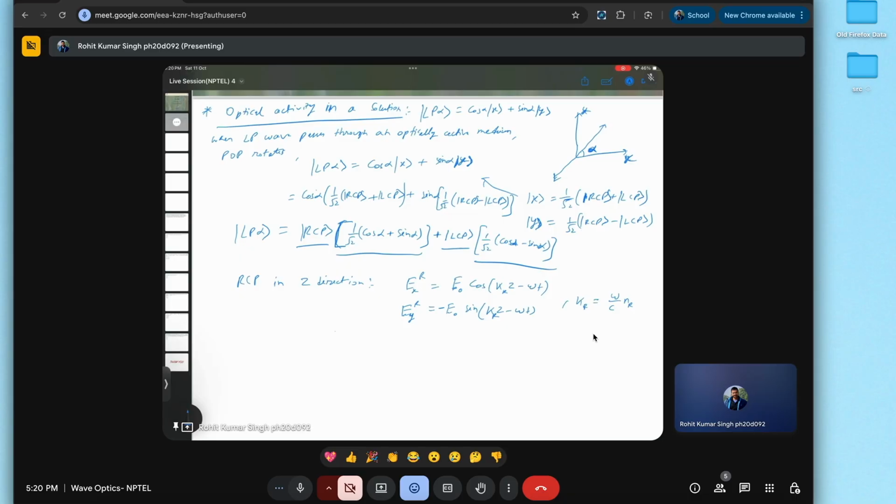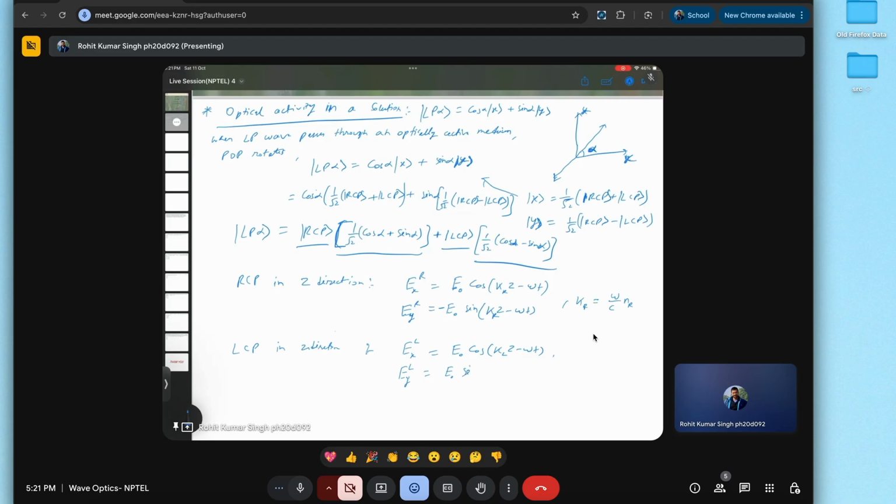Okay, similarly you can have LCP moving in z direction. So this will be given by a similar formula: cos kl z minus omega t, and the y component will be, so here it will be positive.